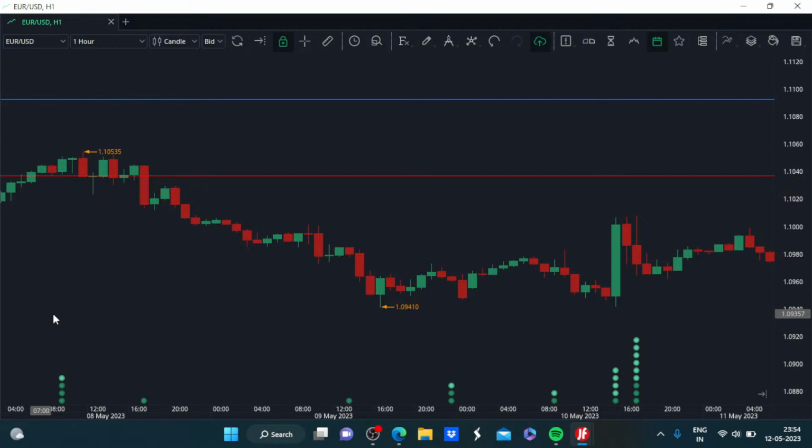So it serves multiple purposes, and that is the beauty of the indicator.